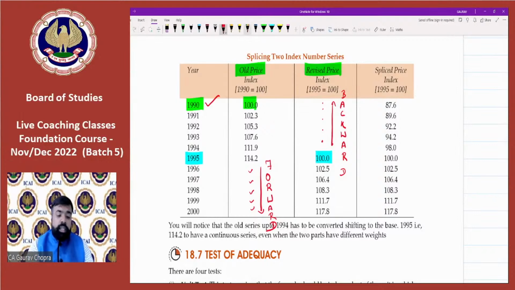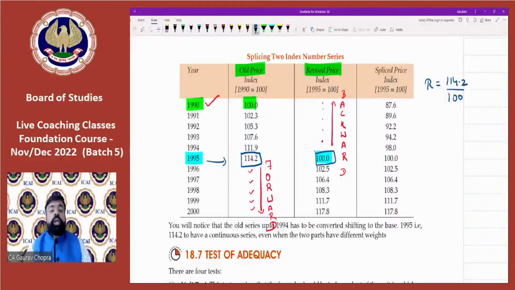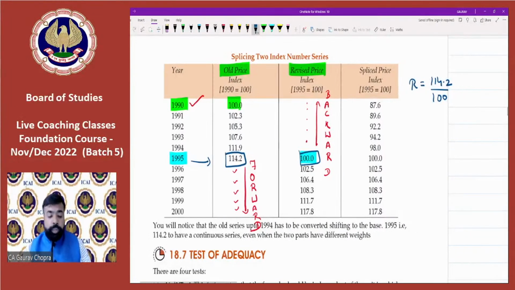Now, how to calculate this? Always in such cases, there is one year which is having common index number. Like 95. 95 is giving index number as 114.2 and here it is 100. So take this year for calculation of a ratio. While calculating this ratio, take 100 as denominator and write 114.2 in numerator.